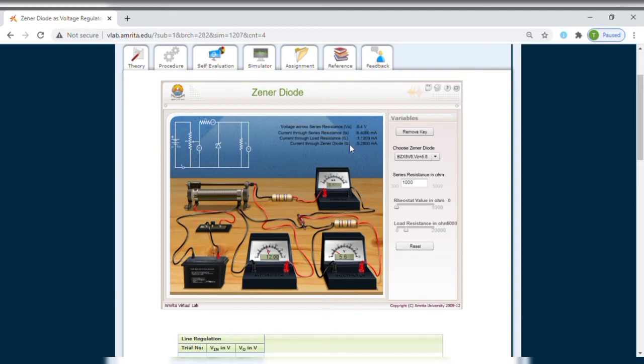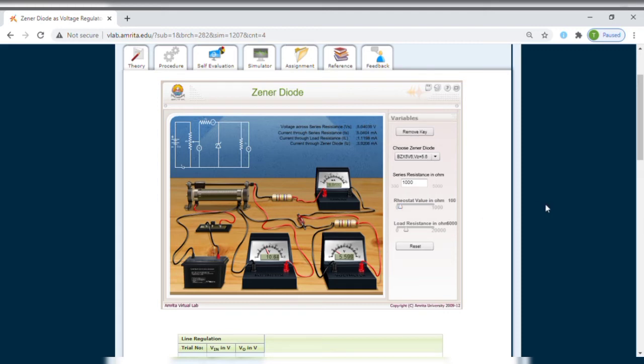Okay, after you put all of these values in a table, now we're going to change the rheostat value from 0 to 100. Okay, it is hard.